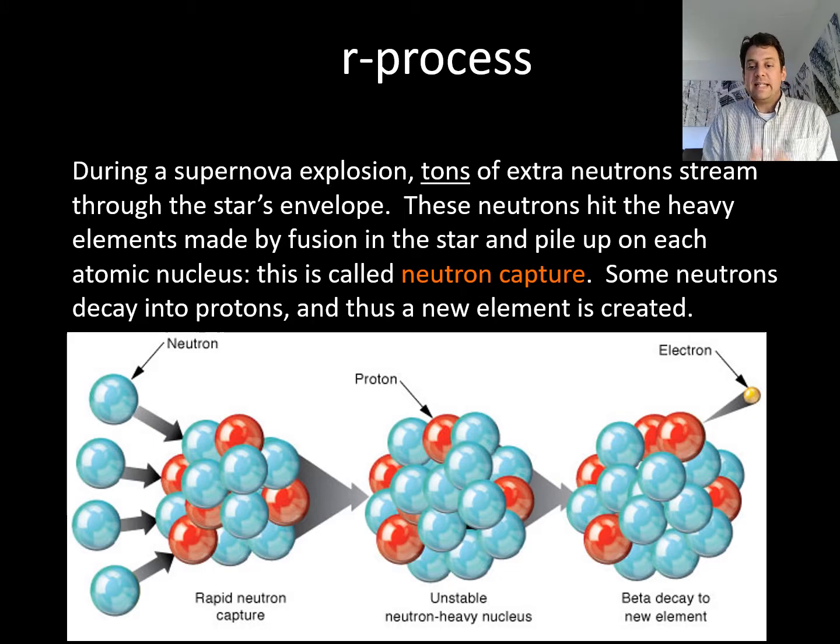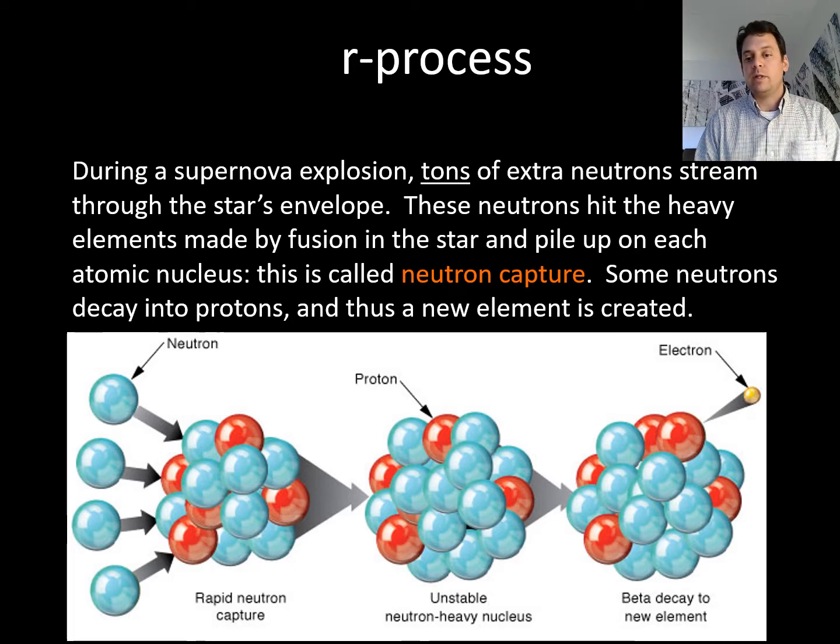And so given that, the nuclei then say, well, the next best option is to figure out how can I stabilize myself in some way. And one way that it does that is by converting neutrons into protons. Because in general, nuclei prefer to have roughly equal numbers of protons and neutrons.